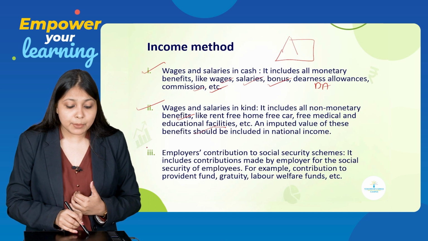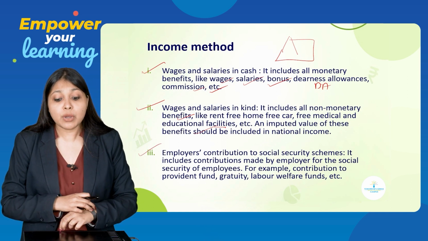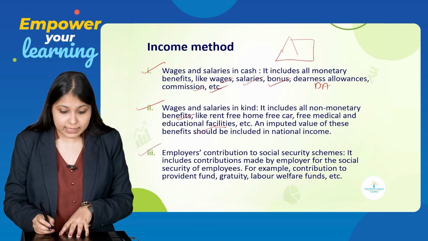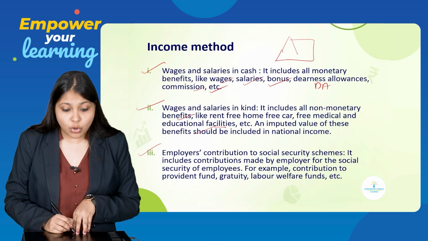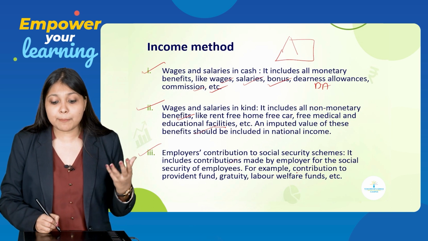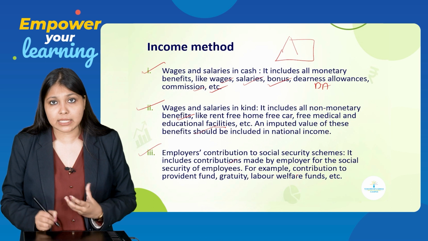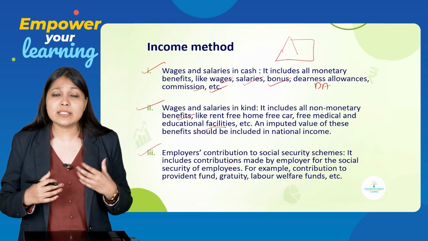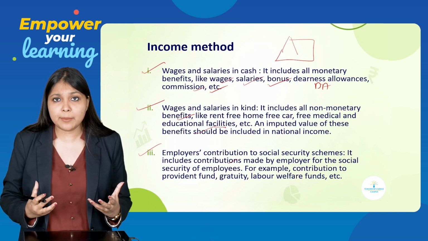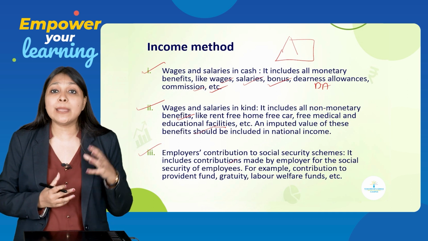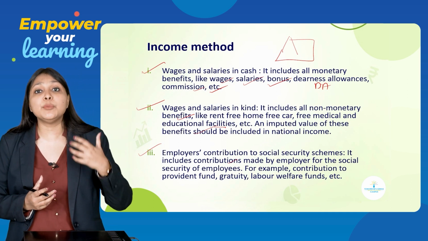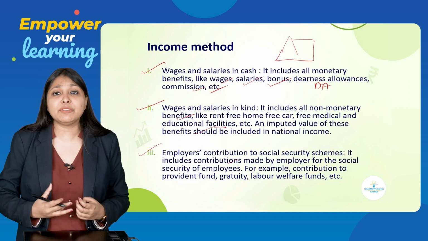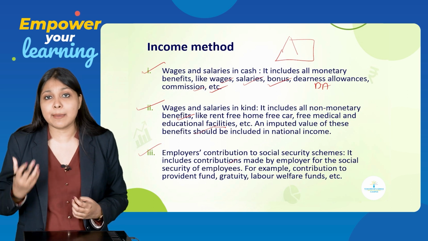Third is employer's contribution to social security schemes. It includes contributions made by the employer for social security. Now, every employee needs some kind of social security. So here also the employer is going to contribute something for the safety and security of his employees.